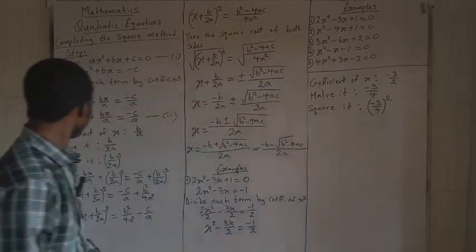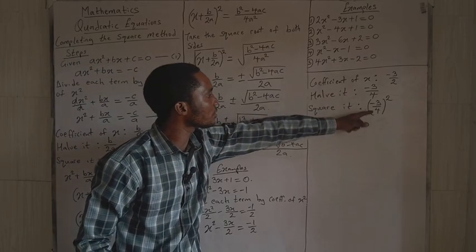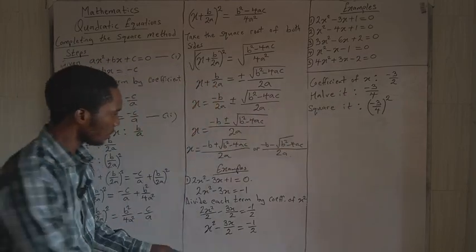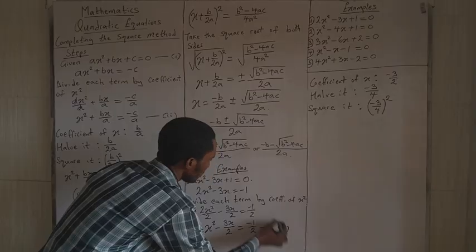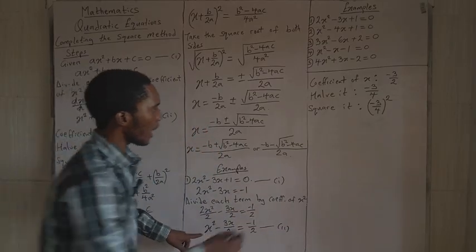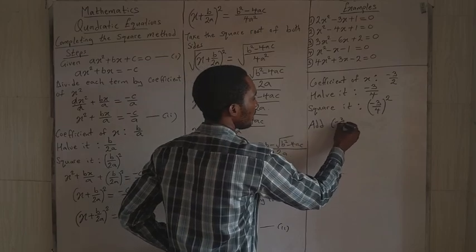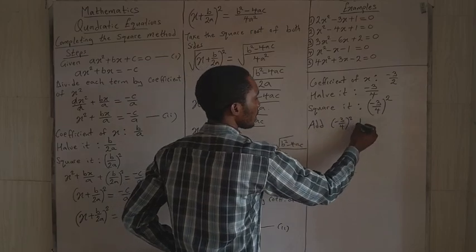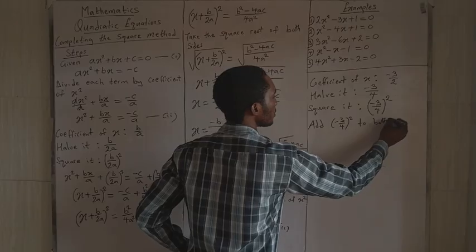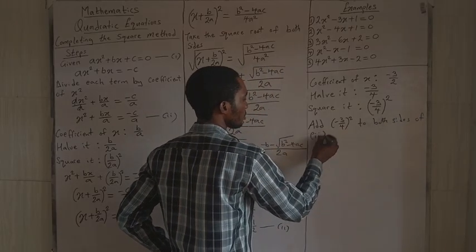The next is we are going to add the square of half of the coefficient of x to which equation? Let's call this equation 2. This is the given equation. To this equation 2, add (minus 3 over 4) squared to both sides of equation 2.